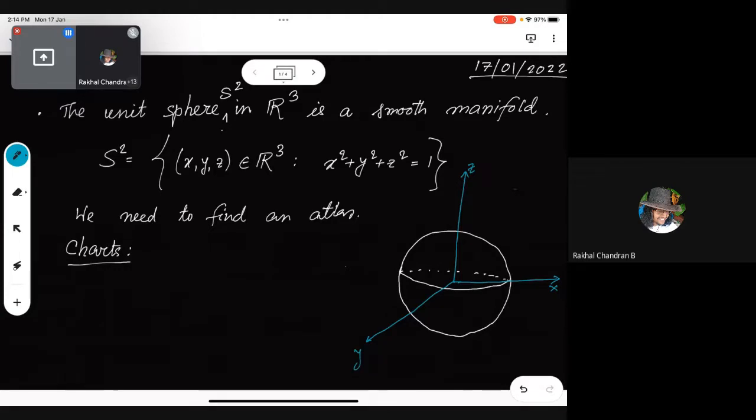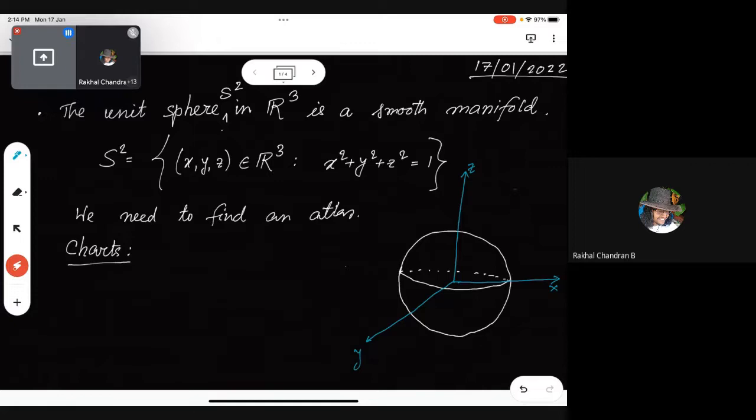So like the circle, we need to consider each of the open half spaces. For example, you intersect S2 with, let's say, z greater than 0. That is a half space, and that would give you an open set.